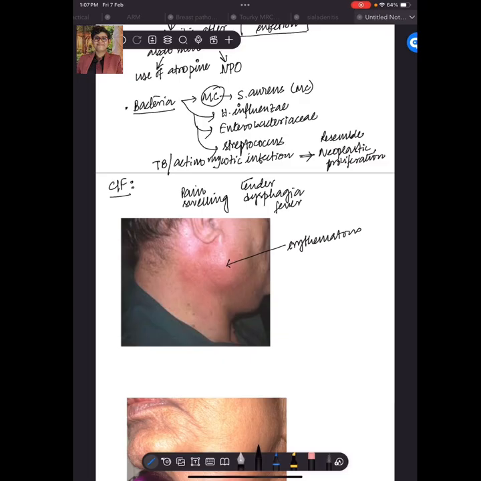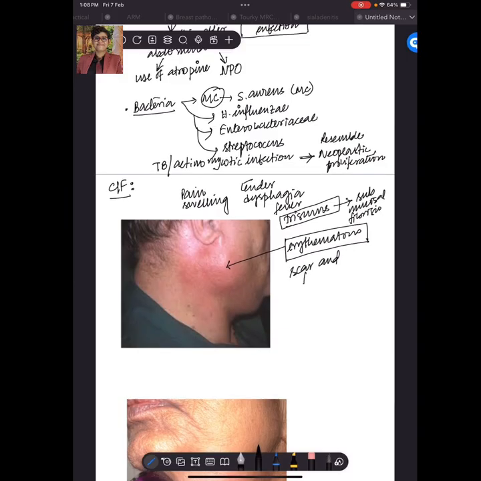And there can be trismus also. Now this trismus, why do we see trismus? It is because of submucosal fibrosis inflammation. So there can be erythema, there can be scar and sinus formation also.